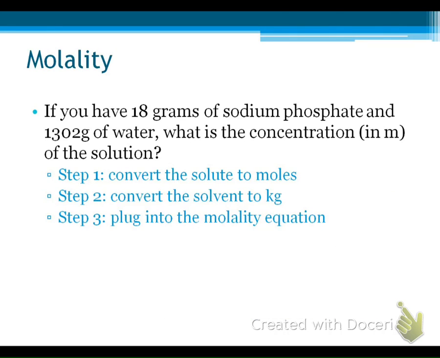Go ahead and take a few seconds to get this written down, and then we'll talk through the steps. If you don't have your calculator out, now would be a great time to get that out.